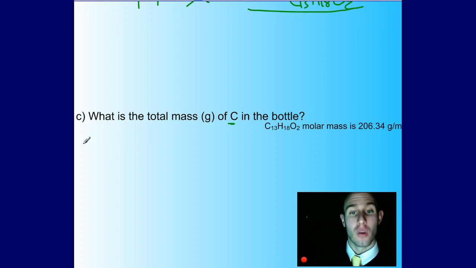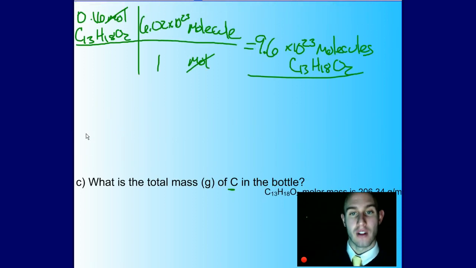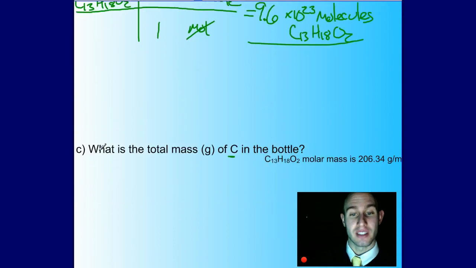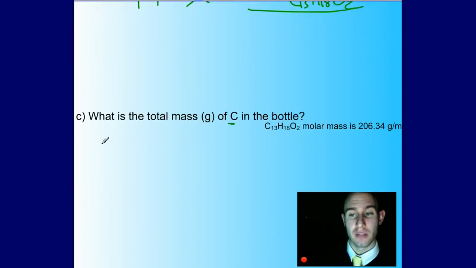I can do 2 choices here for what to start with. What is the total mass of carbon in the bottle? Initially, if you look at the problem, I was given 33 grams of ibuprofen. So that's what I want to use, and I'm going to stick with 33 grams of ibuprofen in the bottle.